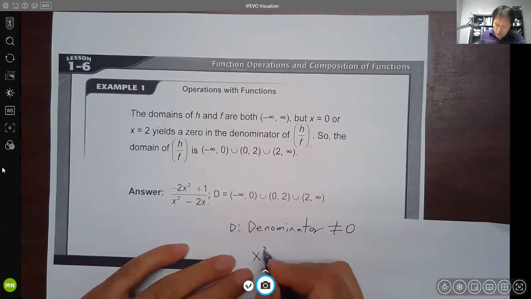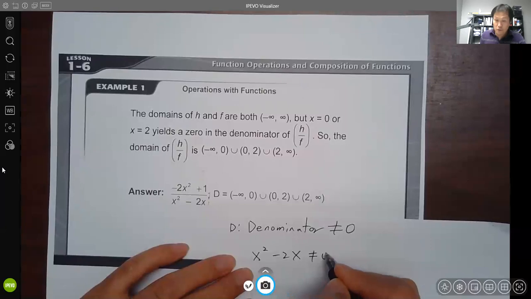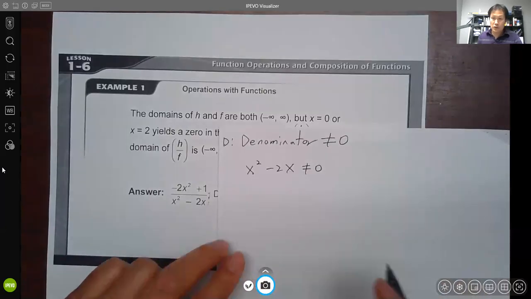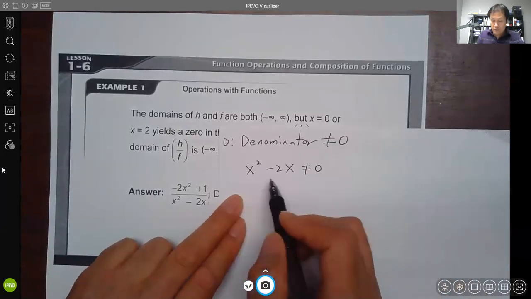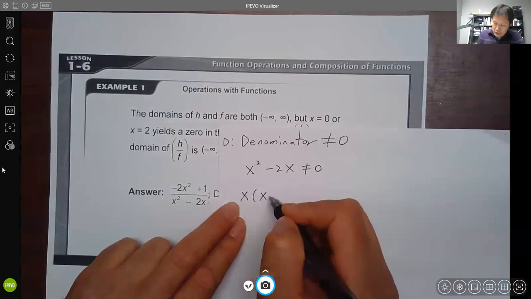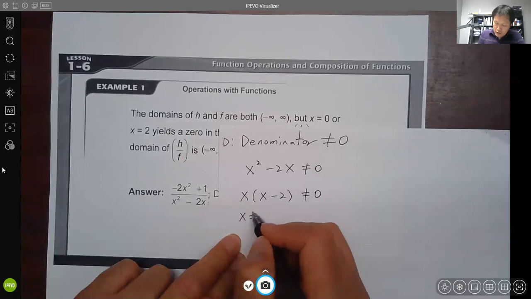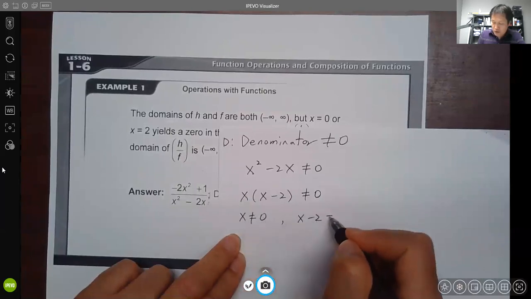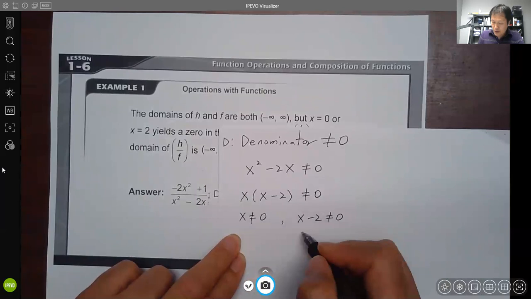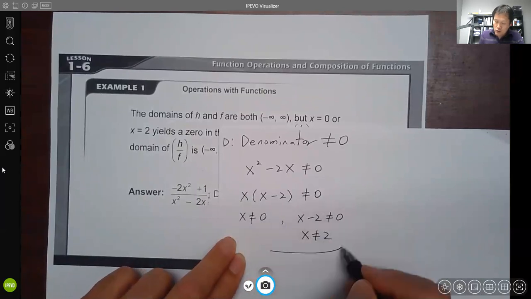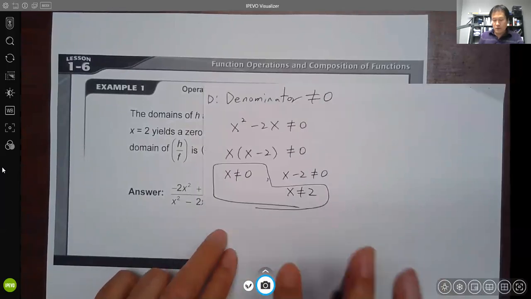So x squared minus 2x cannot equal 0. You have to factor. There's a common factor of x here. Factor x out, cannot equal 0. So that gives you x cannot equal 0. x minus 2 cannot equal 0. Solve for x. x cannot equal 2. So as a domain, this is a perfect answer.